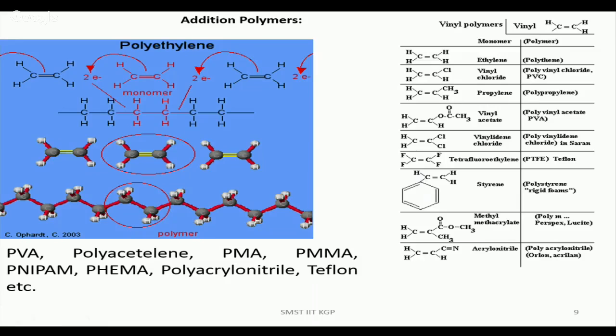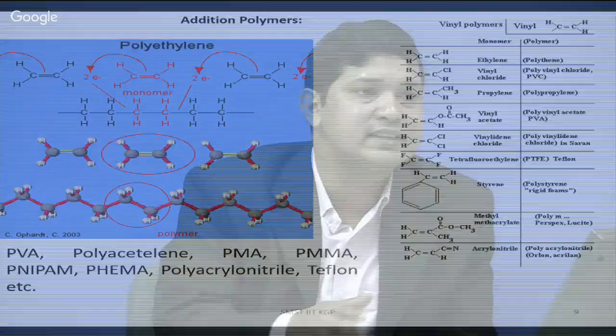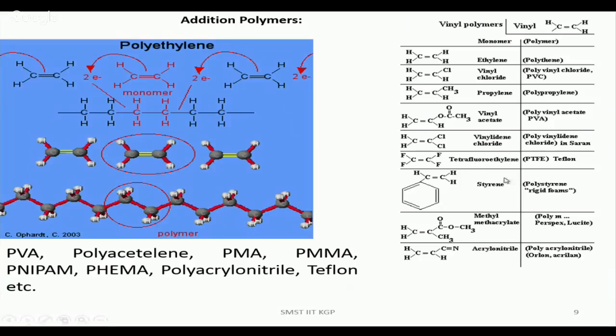It is used for firefighter jackets and also for non-stick cookware. Today all utensils have a black coating, sometimes anodized, sometimes Teflon coated, and this Teflon is water repellent and fire retardant.